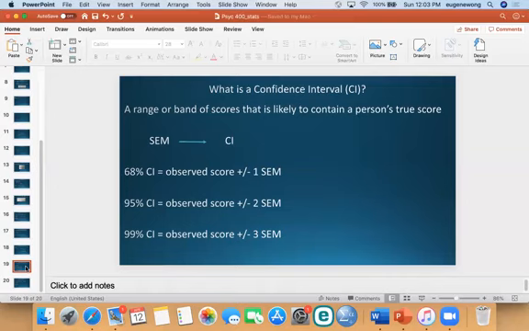The 68, 95, and 99 basically represent the degree of sureness that you're comfortable with. In other words, we can be 68% sure that a person's score is going to fall in a certain range. Or we can be 95% sure, or 99% sure.